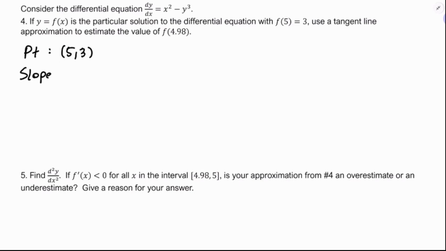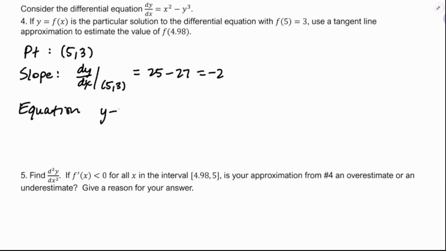Slope. dy dx at the point 5 and 3 is going to be equal to 5 squared minus y to the third. And so it's 3 to the third is 27. I've got a slope negative 2. Okay, the equation is going to be y minus 3 equals, not 5, negative 2 times x minus 5.